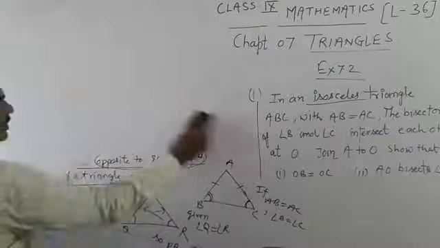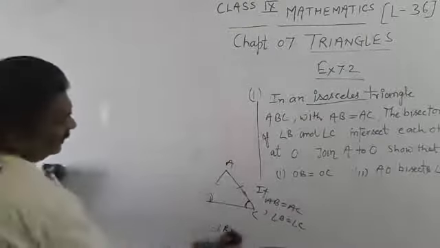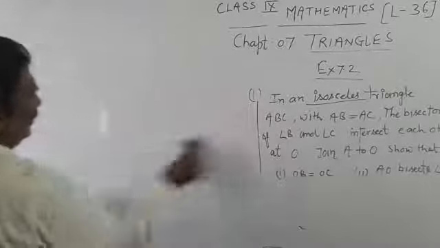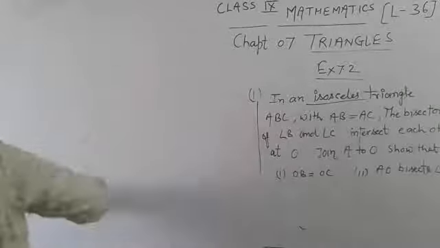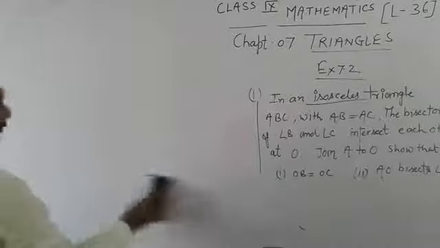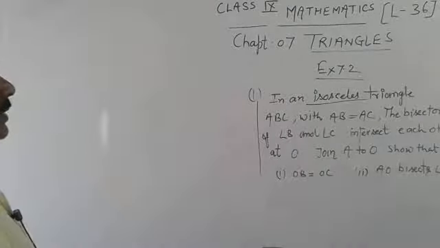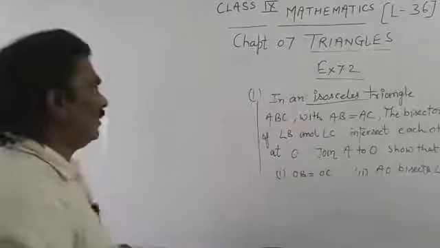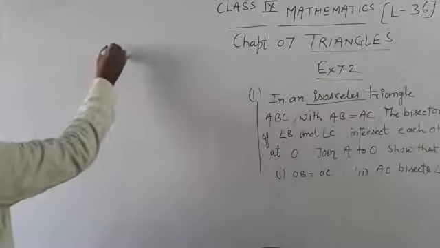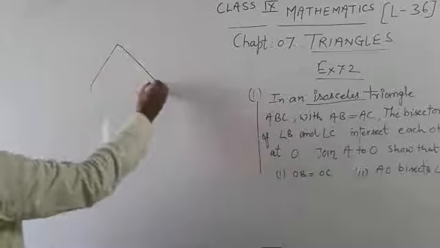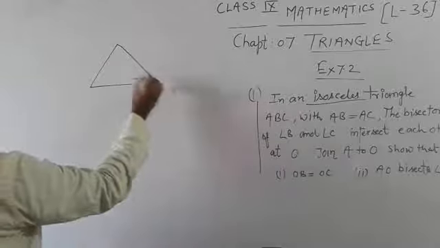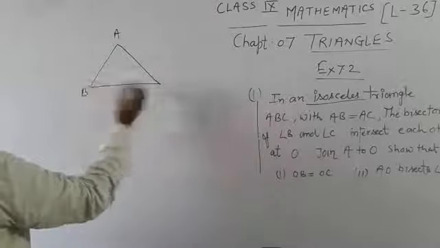Come to the point, question number first of 7.1. According to this question, students, in an isosceles triangle ABC, first of all, we draw a triangle ABC which is isosceles.